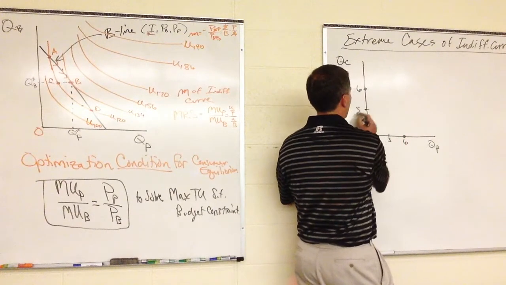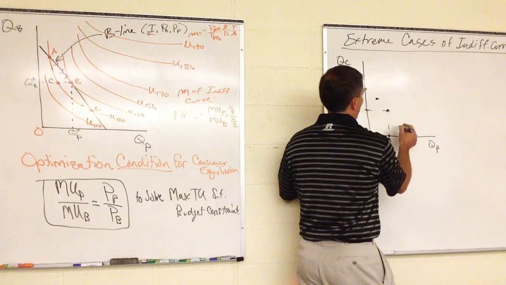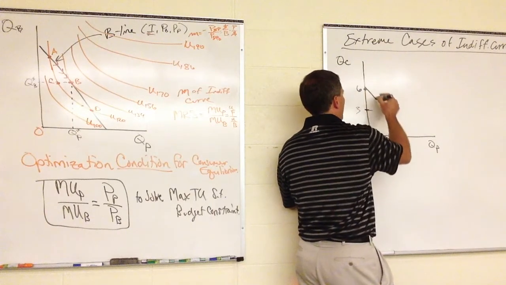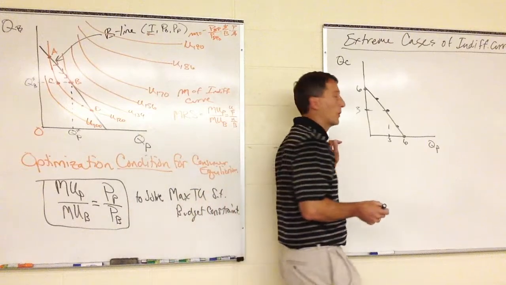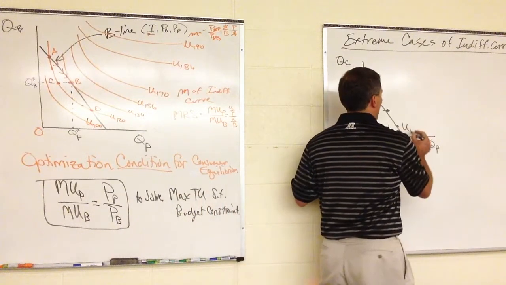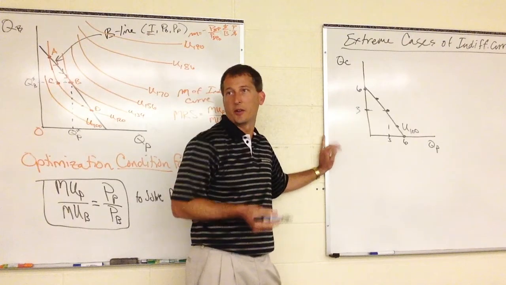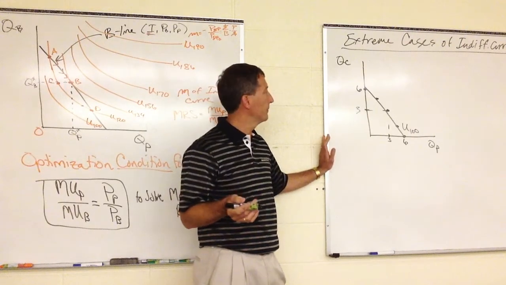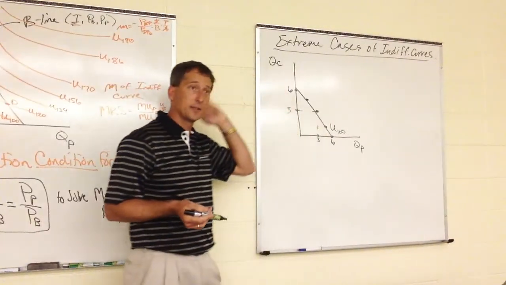So at 3 and 3, we're right on a straight line. And so 1 and 5, all of these points represent points of indifference for Adam. Along this indifference curve, utility equals 100 or whatever, I'm just making up a number. So the indifference curves are straight lines.